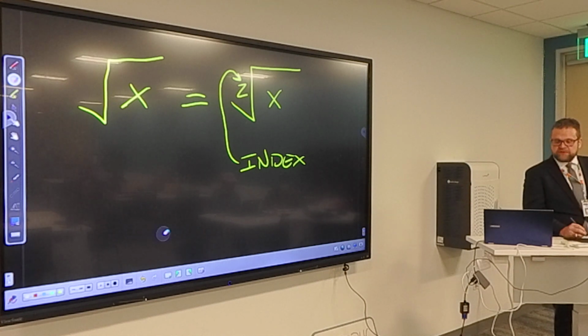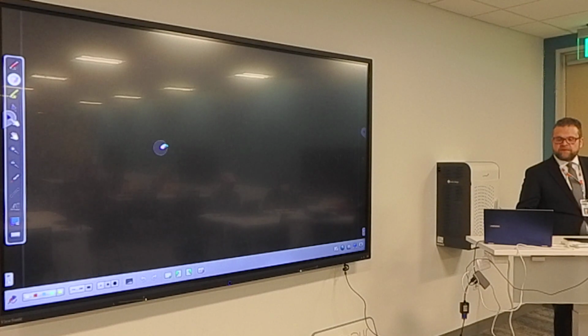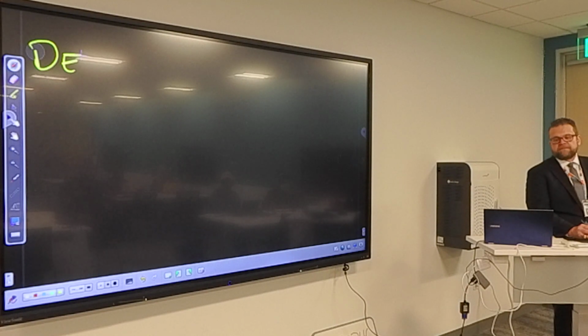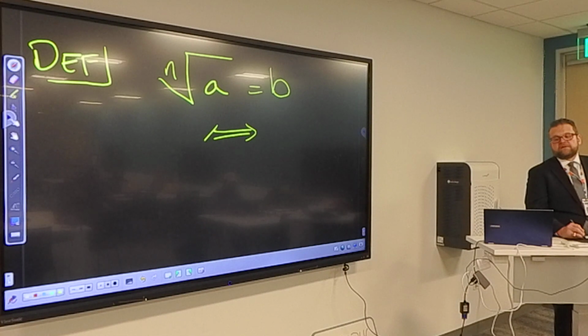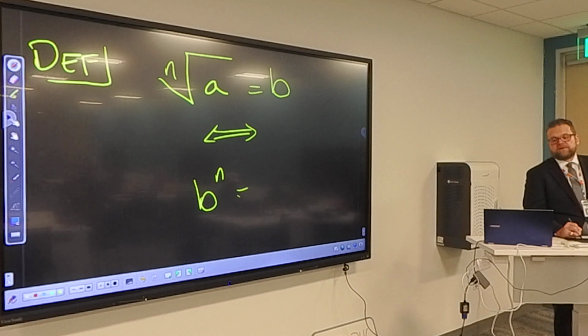If that index changes to be something different from 2, our definition still works. The nth root of A is B, provided that B to the n power is A. And we still have a caveat, but that caveat will only apply if n is even.